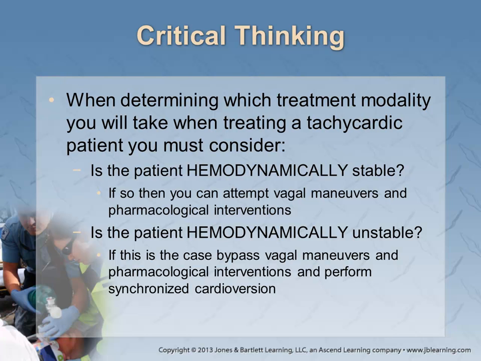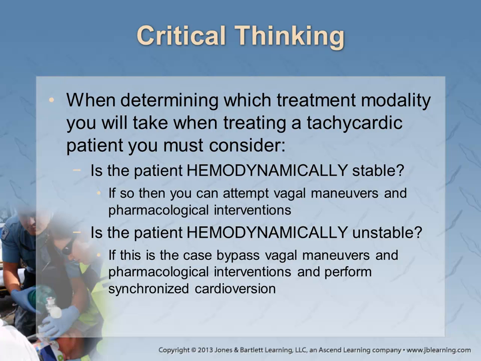And again, very important questions. Is a patient hemodynamically stable or is a patient hemodynamically unstable? And what is going to give us some clues into their stability hemodynamically? All right, mental status is going to be a good one. Appearance, blood pressure, pulse.